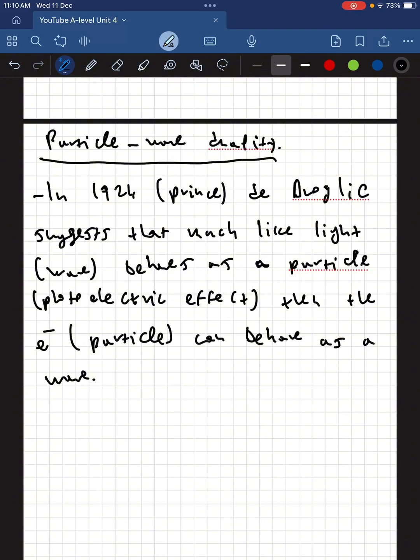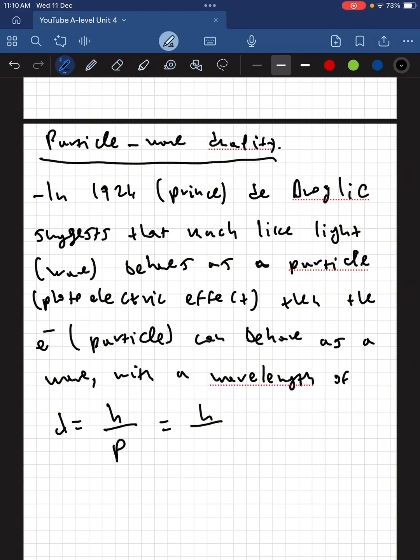And this was just a hypothesis at the time, okay? And these electron waves should have a wavelength, because waves have a wavelength, right? And this wavelength was hypothesized to be equal to h over p by de Broglie.